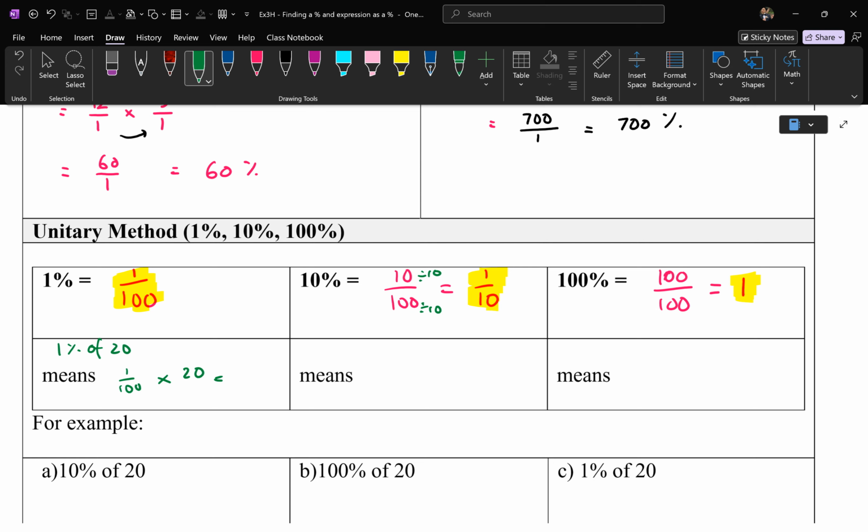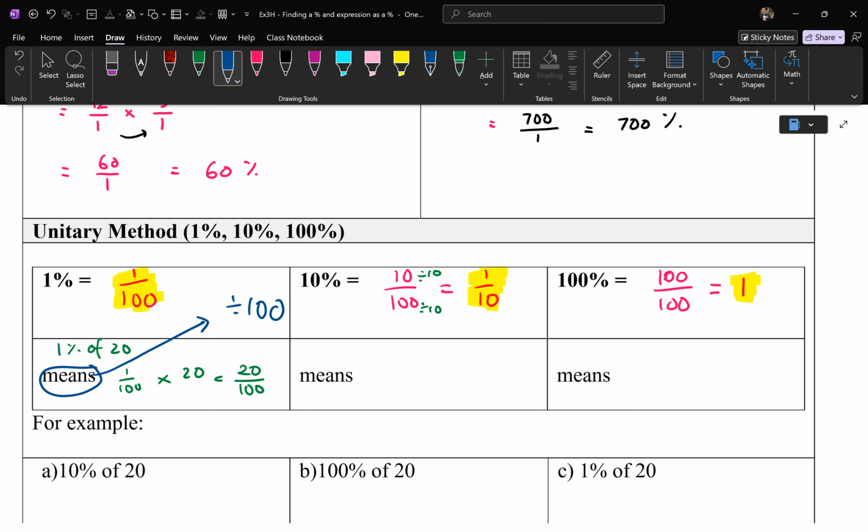Now notice that this actually ends up being 20 over 100. But this over 100 just means divide by 100. So when you say 1% of anything, it's the same thing as dividing by 100. Does that make sense? When I say 1% of 20, it ends up being 20 divided by 100. So if you want to find 1% of anything, you literally divide it by 100.